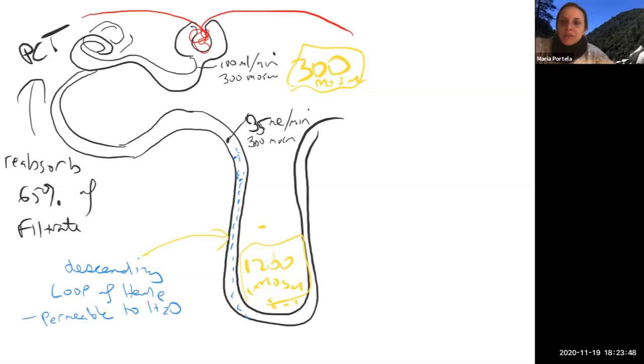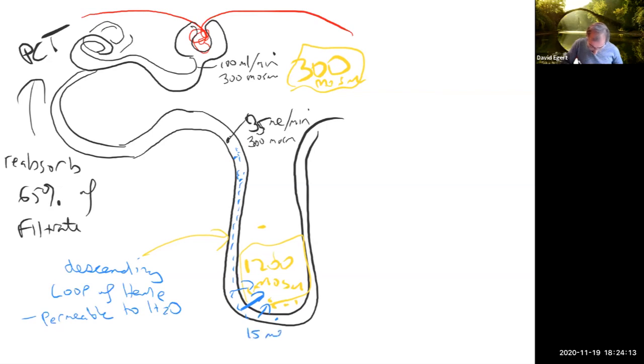Water will go out. Water's going to totally go out. So we have osmosis, we're losing water. By the time we get to the bottom of the loop of Henle, we've lost like another 15, 20% of the original volume. So by the time we're down here, it's actually more like about 20 mils per minute, because we have just lost a whole bunch more of the water due to osmosis.